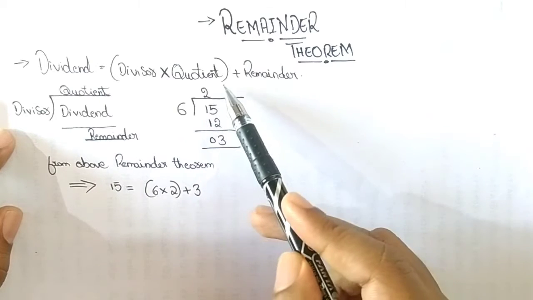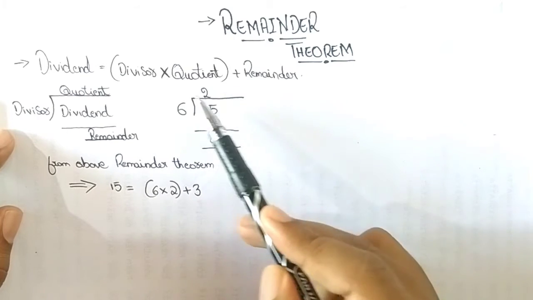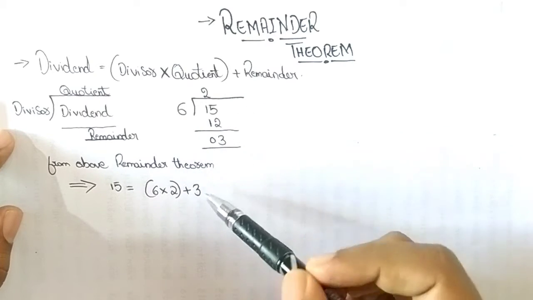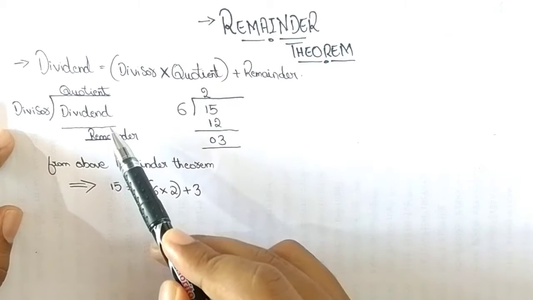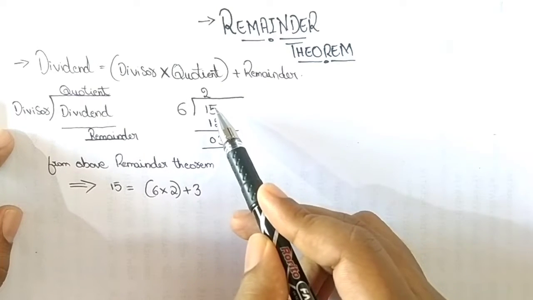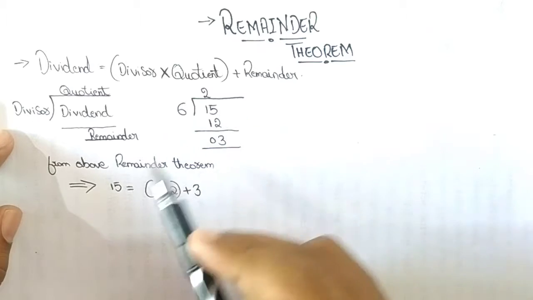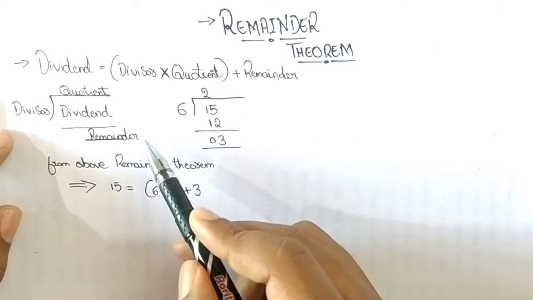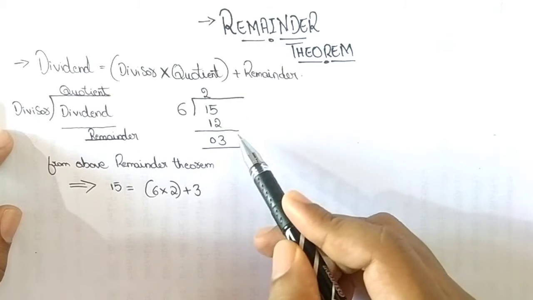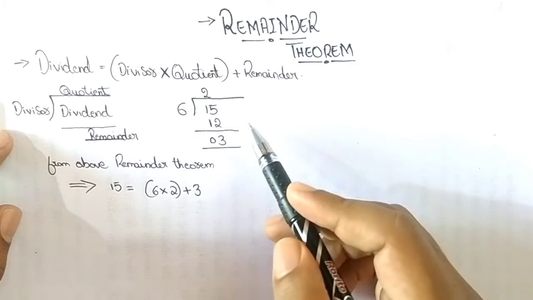The quotient is the 2, which will be written on the top of a division. The dividend is the one which we are dividing, that will be written inside while dividing the number, and the remainder is the left out part, which will be at the end.